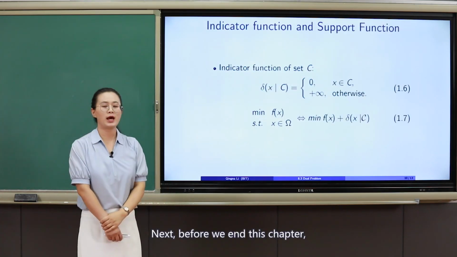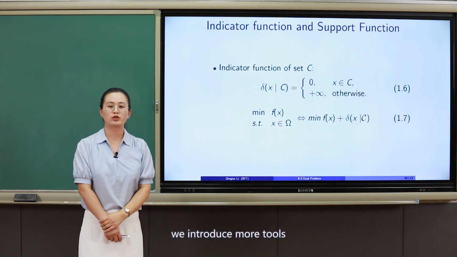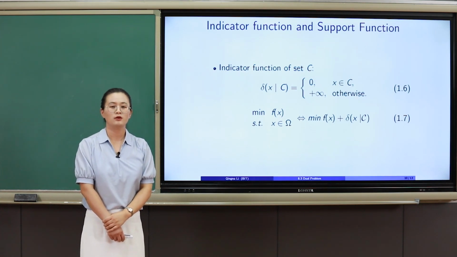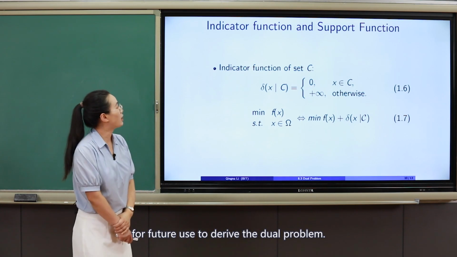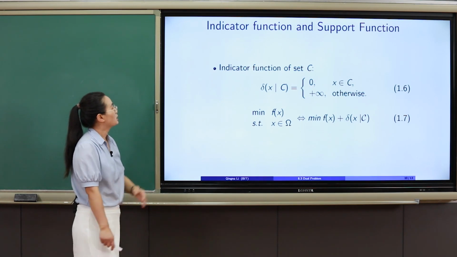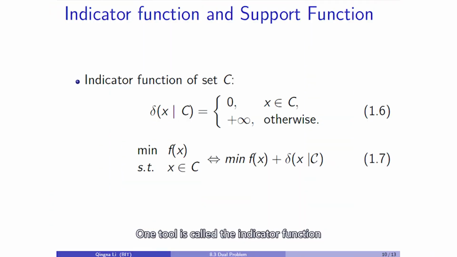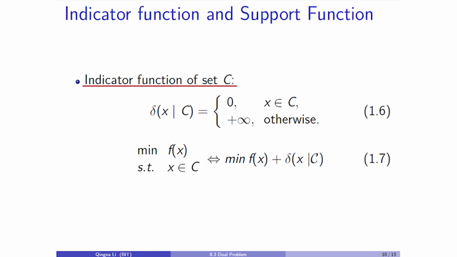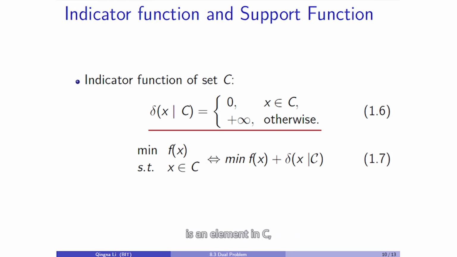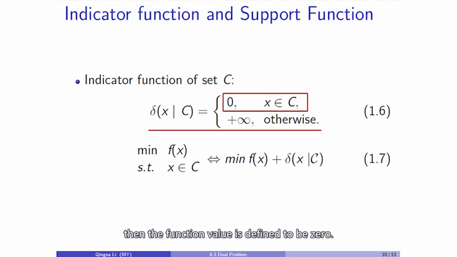Next, before we end this chapter, we introduce more tools for future use to derive the dual problem. One tool is called the indicator function for a set C. The indicator function is defined as follows. If a point x is an element of C, then the function value is defined to be 0.